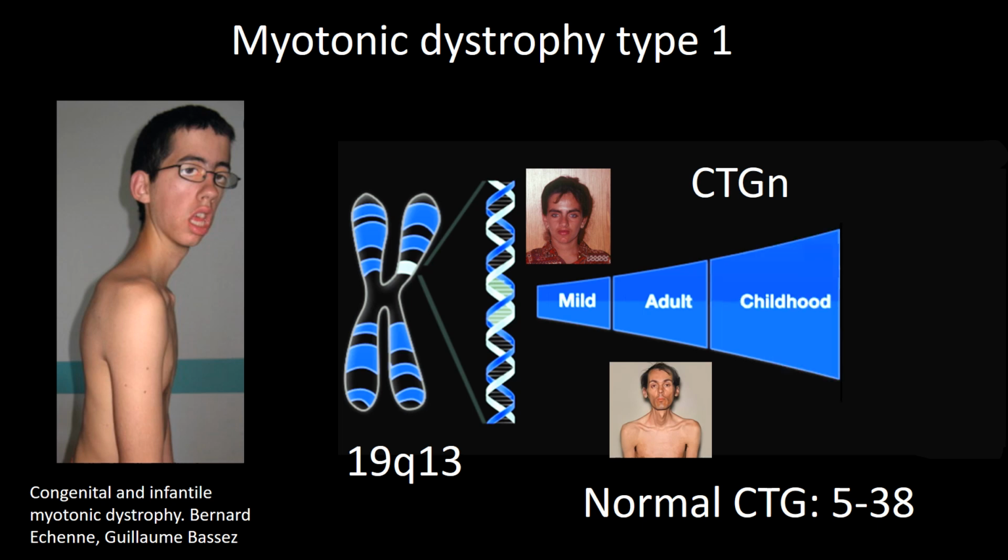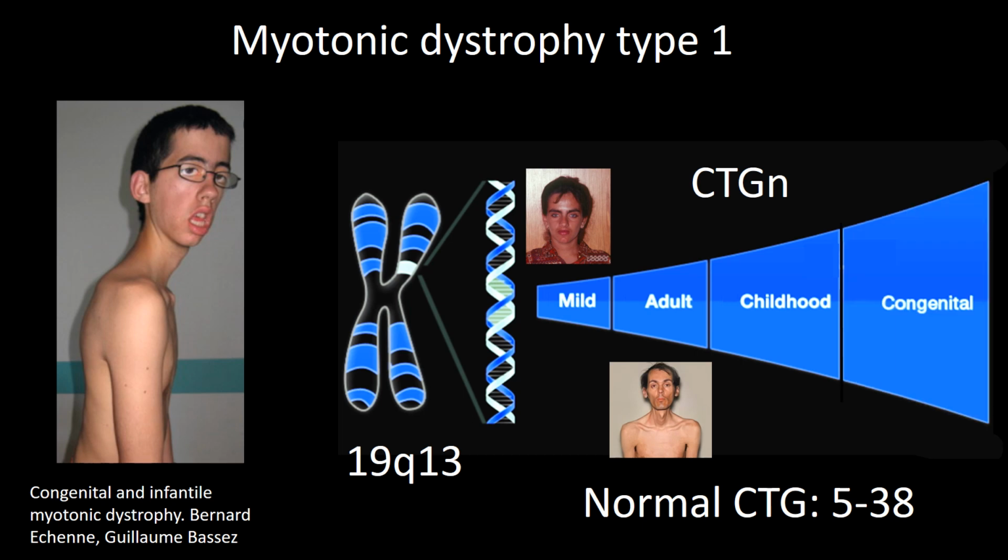Patients with larger expansions manifest during childhood, as the patient we are using as a model of DM, and when the expansion is really large and the mother has the myotonic dystrophy gene, myotonic dystrophy presents in the neonatal period or in utero, as it did in the case presented in this vignette.